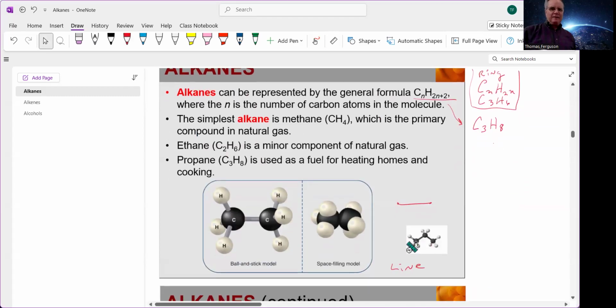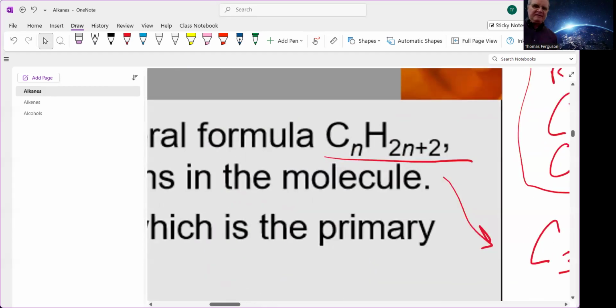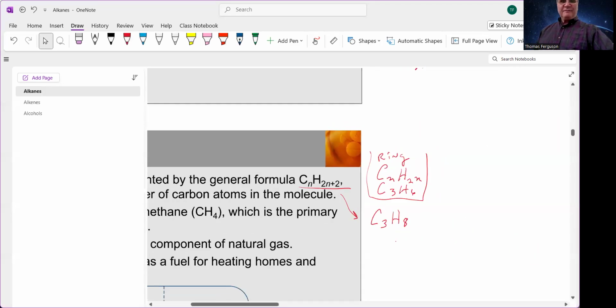They like to go in and talk about clever little formulas for determining the number of different versions of the molecule based on how many carbons there are. You can go on, but that's not important at all. The important thing is to realize that alkanes are saturated. Only carbon-carbon and carbon-H bonds are there. You don't need to worry about how many different versions there are.